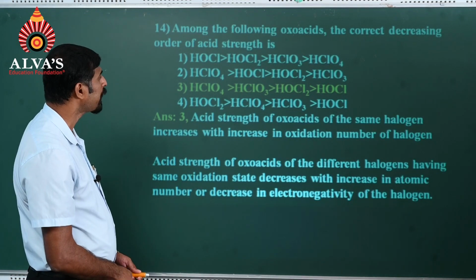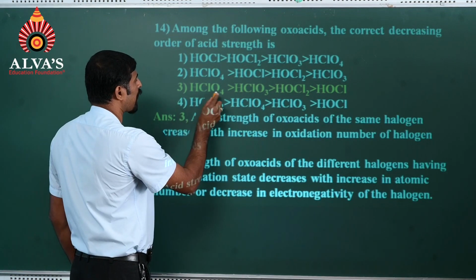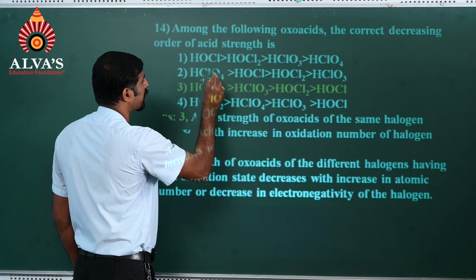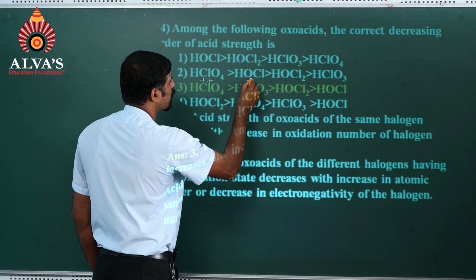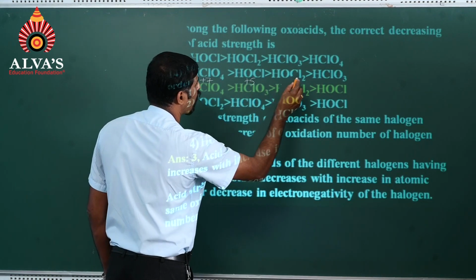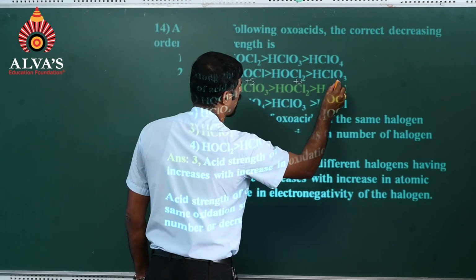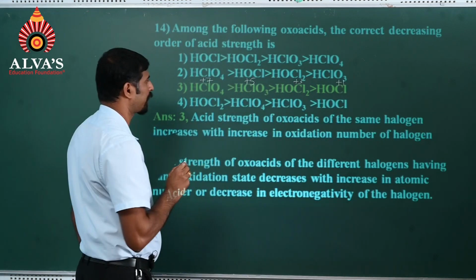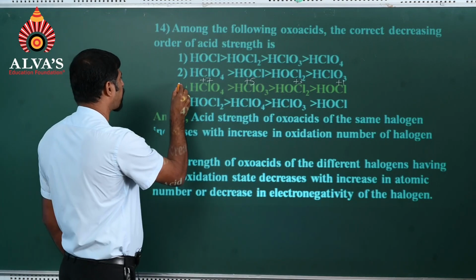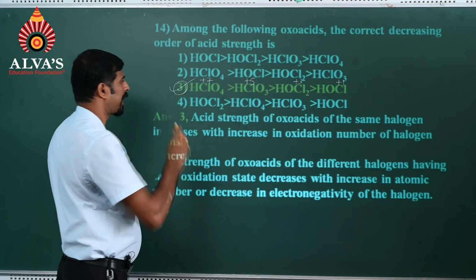Now, if you consider here HClO4, the plus 7 oxidation state, HClO3 plus 5, HClO2 plus 3, and HOCl where it is plus 1 oxidation state. Therefore, option third is the right answer.